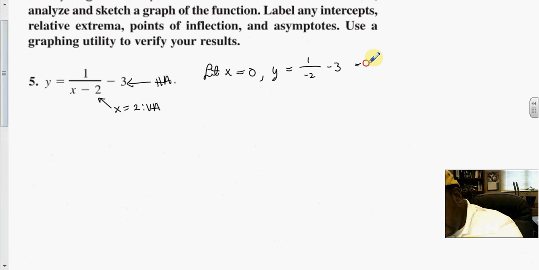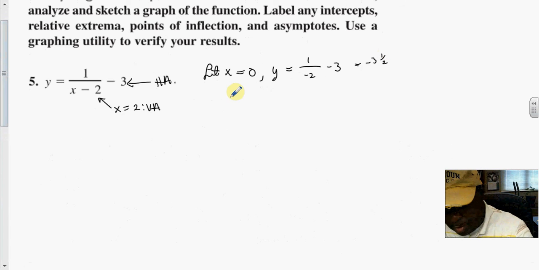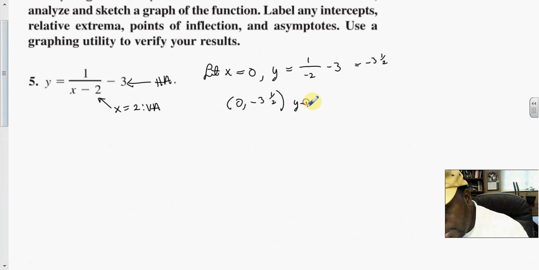So here we get -3/2. So 0 comma -3/2 is our y-intercept.